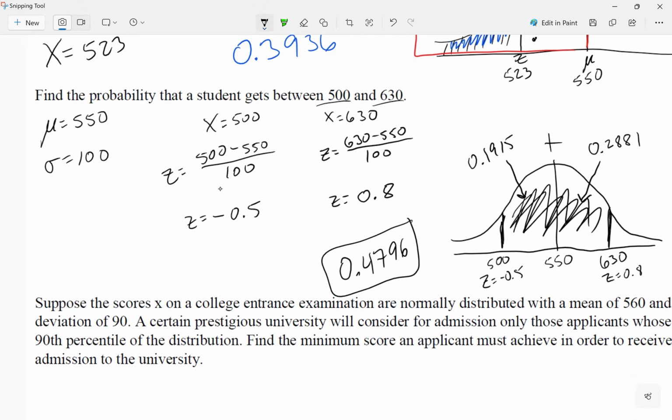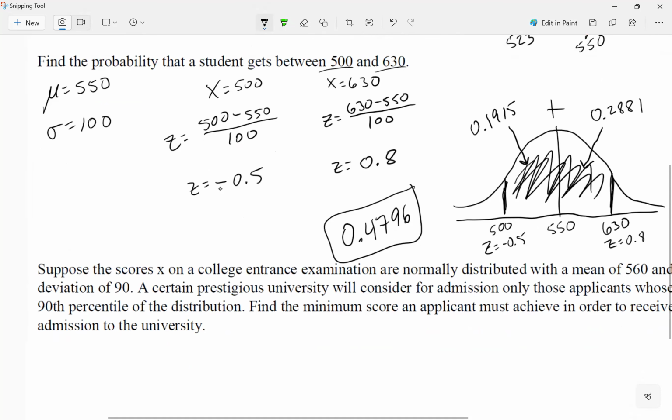So the probability that on this test, where my mu is 550 and my standard deviation is 100, someone gets between 500 and 630 is about 47.96%. So 47.96% of my students that take this test will get a score between 500 and 630. That's what it means.